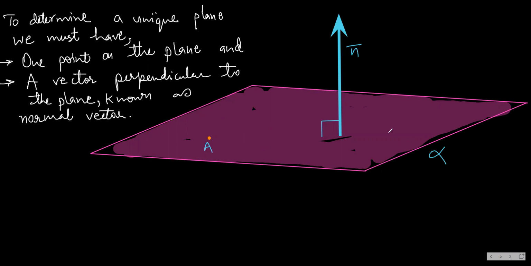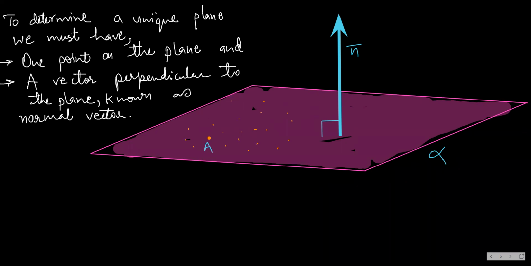Try to understand, the alpha plane is the unique plane. So how could I locate the unique plane? Because I knew that alpha plane is passing through point A. It contains point A on it. From these infinite points, A is one of the points. It has infinite points, alpha plane, and A is one of the points.